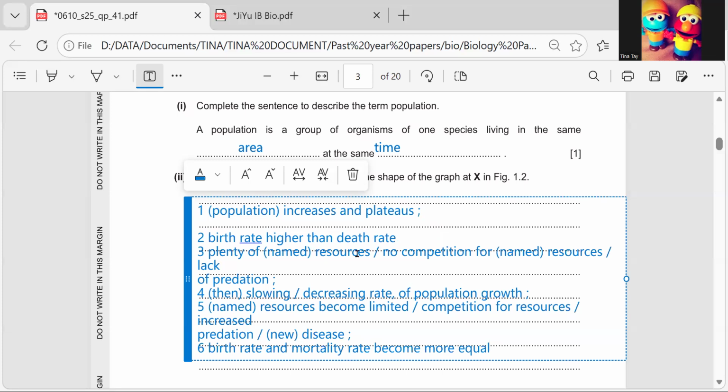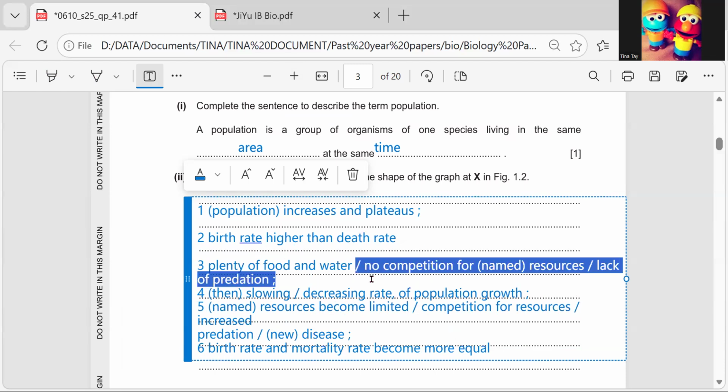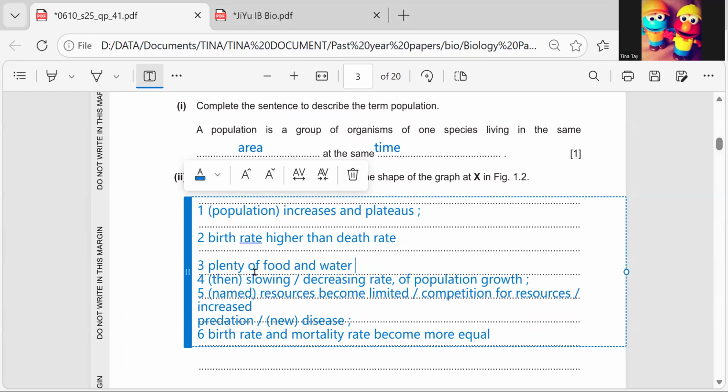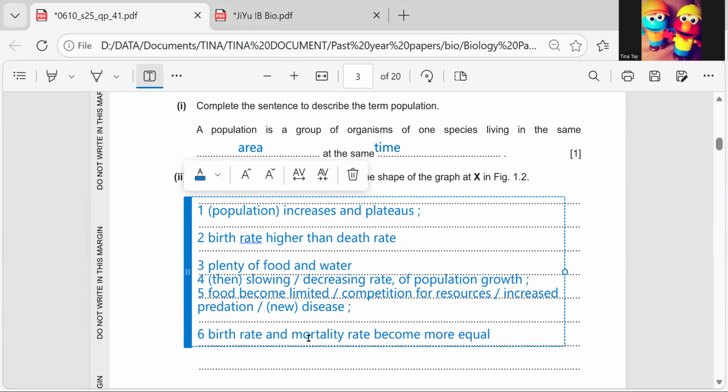So plenty of food and water. Don't say named resources. You cannot just copy the marking scheme like that. Okay, no competition. This is all the same thing. Then after that, it slows down because food becomes limited. Or you can say predation, or you can say new diseases. And then birth rate and death rate become equal.